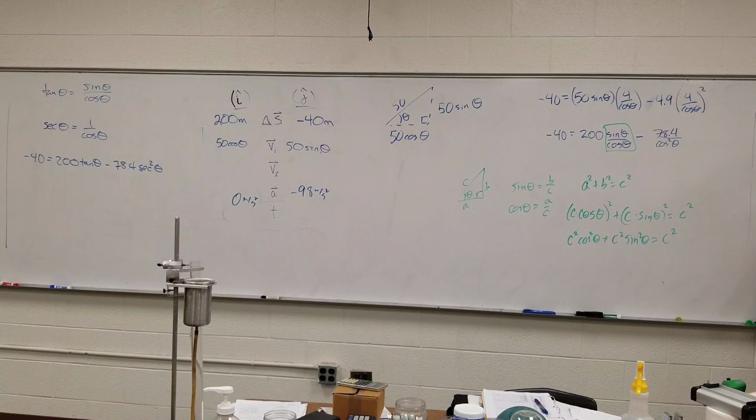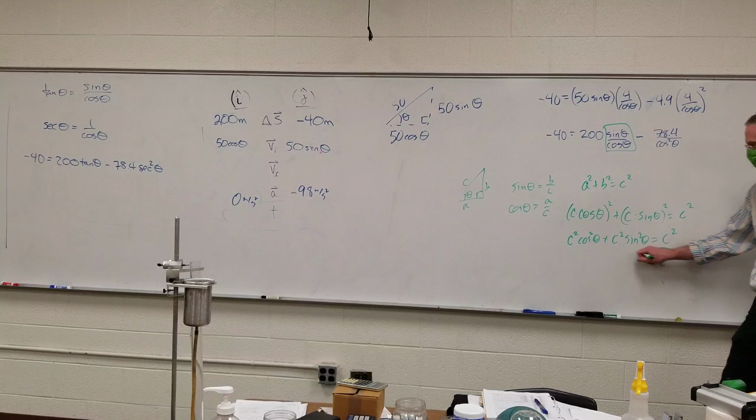You can take it further: C squared times cosine squared plus sine squared equals C squared, and divide both sides by C squared.